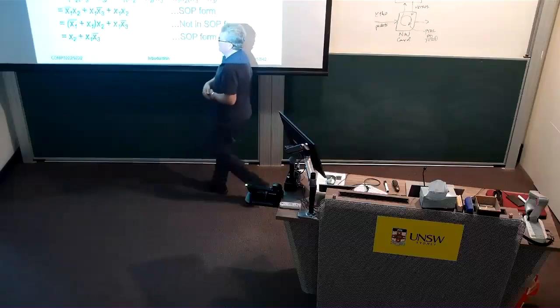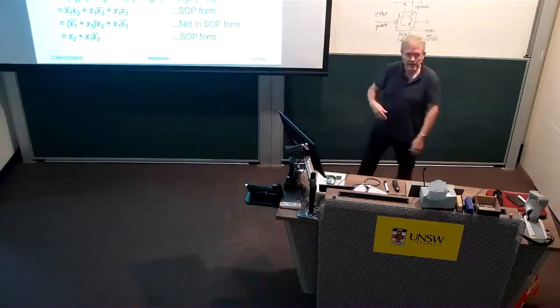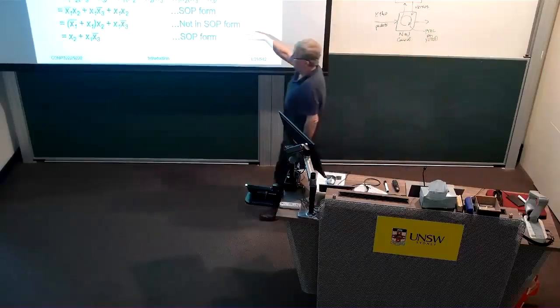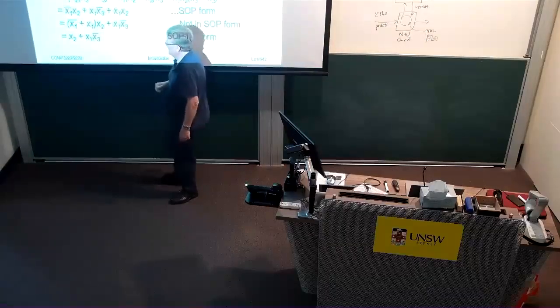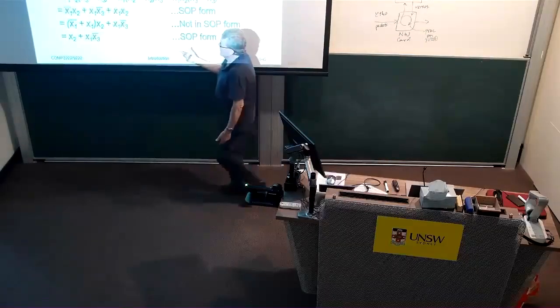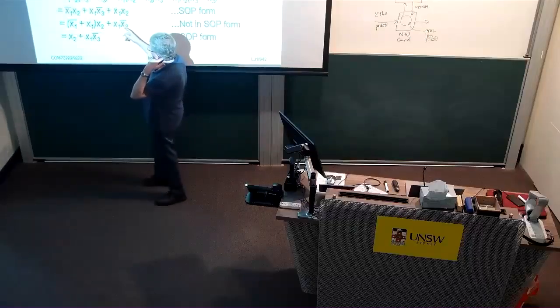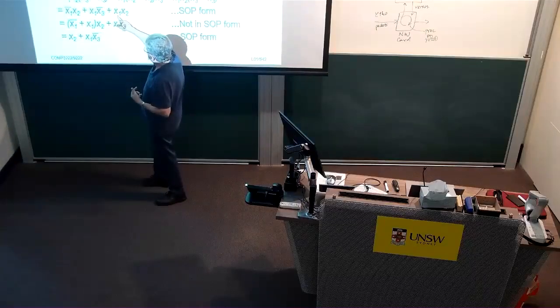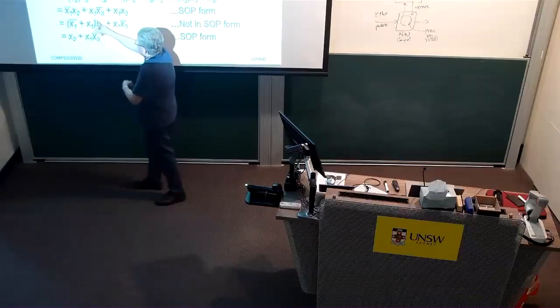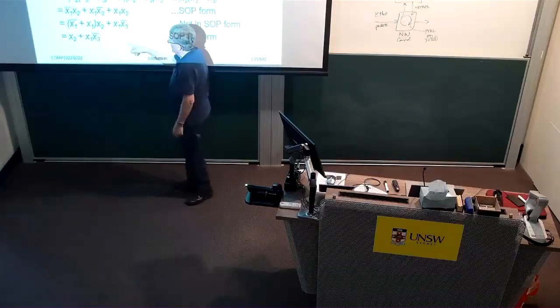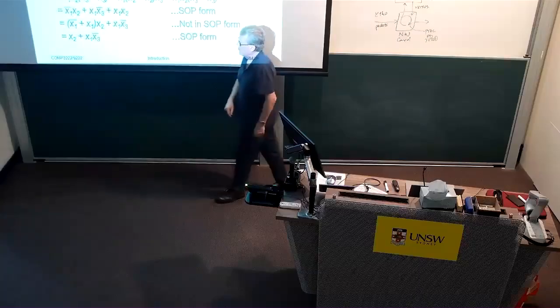That gives us this simplified form, which is in sum of products form because it's a sum of product terms. But we can simplify this further because we have x1 x2 and not x1 x2, so we can combine those 2 together to eliminate x1. So ultimately we're left with this expression here.